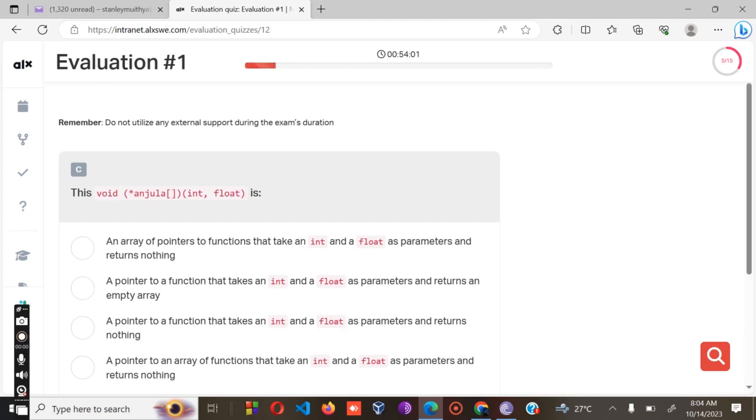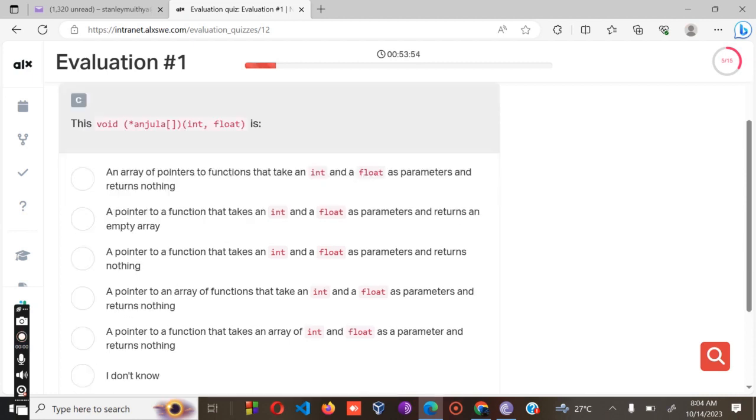Then the next part, this void function with an int and float, is number what? It's an array of pointers to functions that take an int and float as parameters and return nothing. It's a pointer to a function that takes an int and float as parameters.